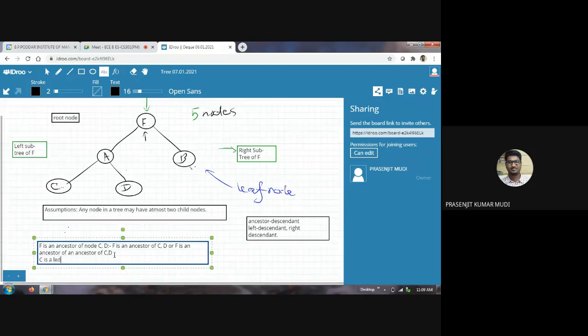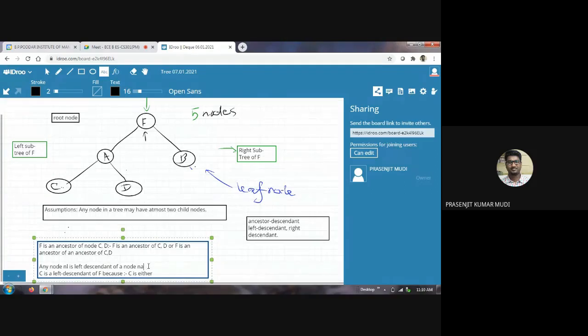Left descendant means, let me write more generally, any node n1, let's say nl, any node nl is a left descendant of a node na.